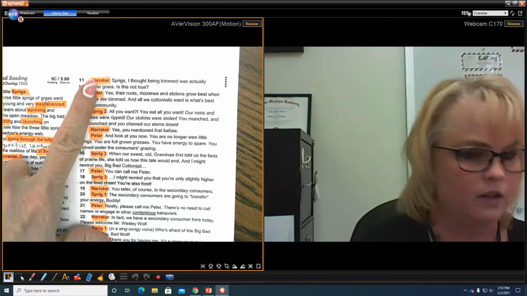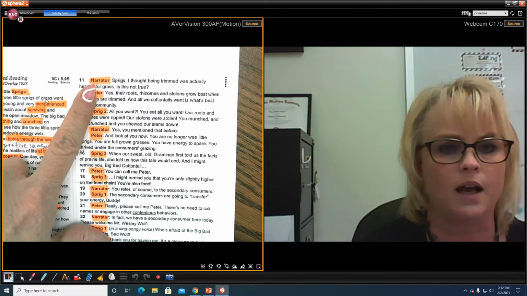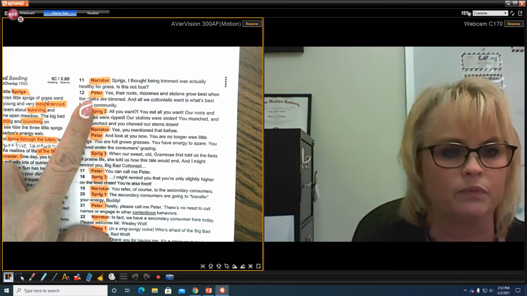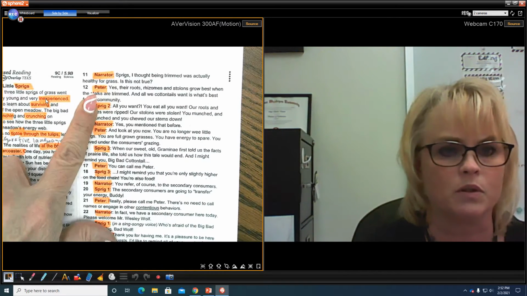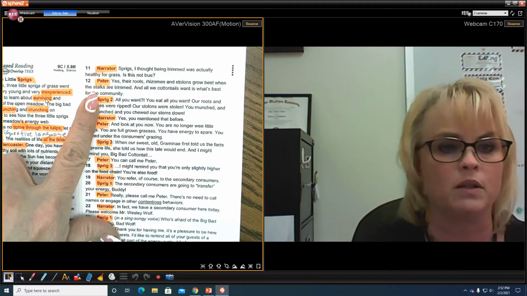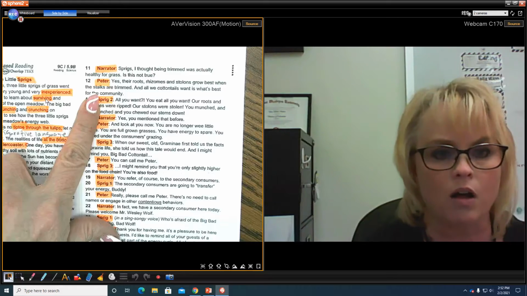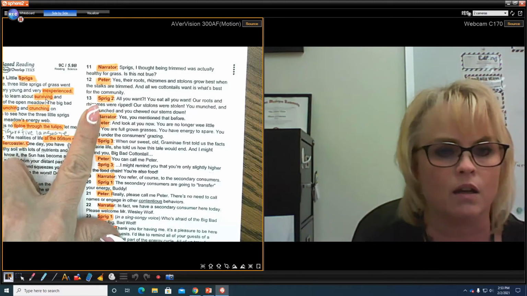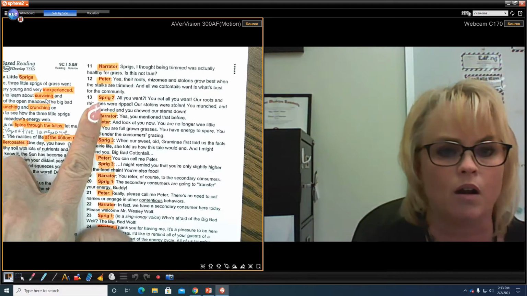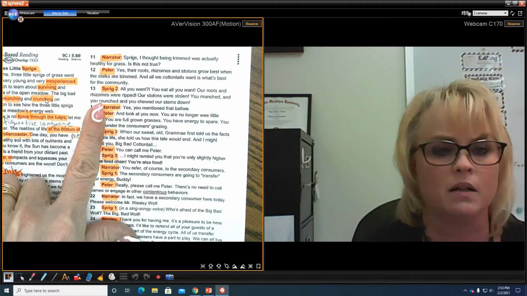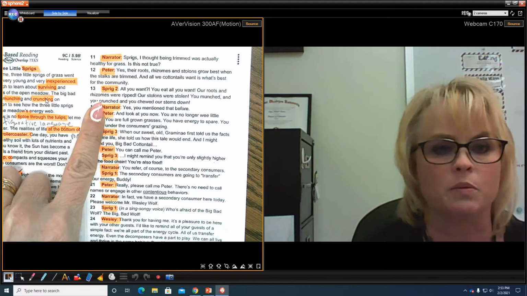So here we have the narrator again speaking. Sprigs, I thought being trimmed was actually healthy for grass. Is that not true? Peter says, yes, their roots, rhizomes, and stolons grow best when their stalks are trimmed. And all we cottontails want is what's best for the community. All you want? You eat all you want. Our roots and rhizomes were ripped. Our stolons were stolen.